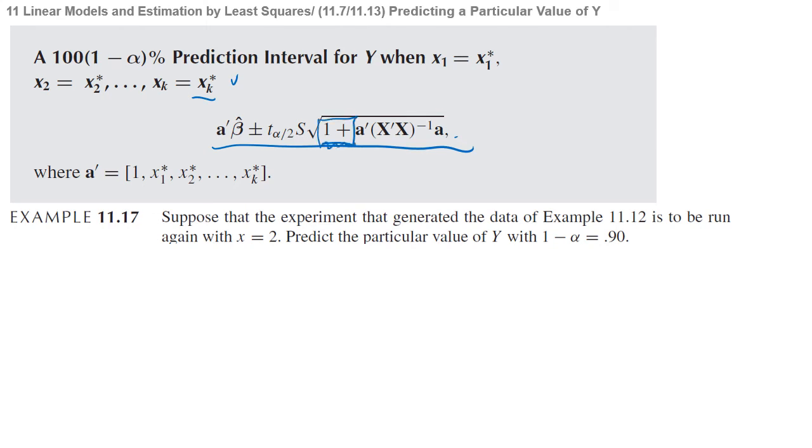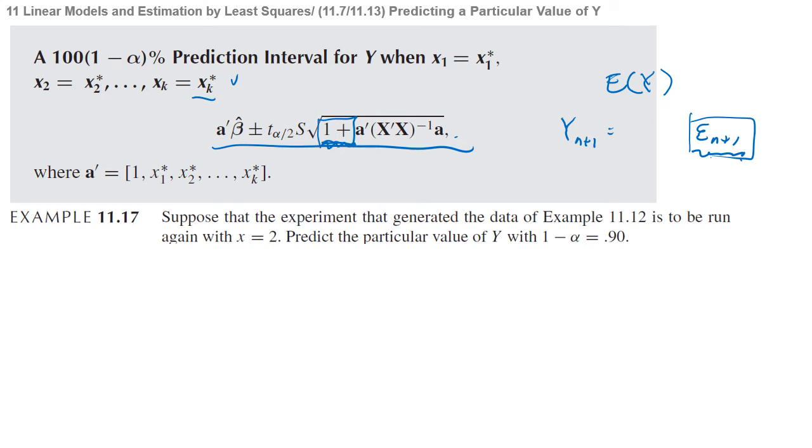If you are calculating the confidence bound of the expected value of y, then you don't need this 1 plus term. But if you are calculating a prediction interval, it contains the future event, yn plus 1, which includes epsilon n plus 1. So you should consider the variation from this epsilon n plus 1, which is this 1 plus term.